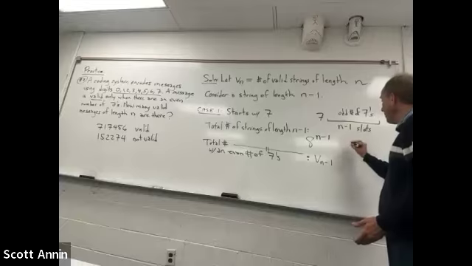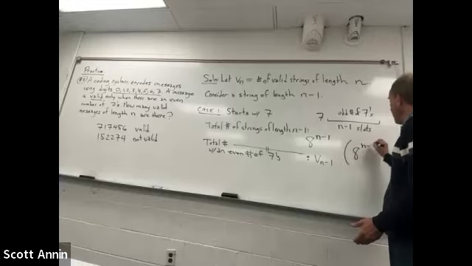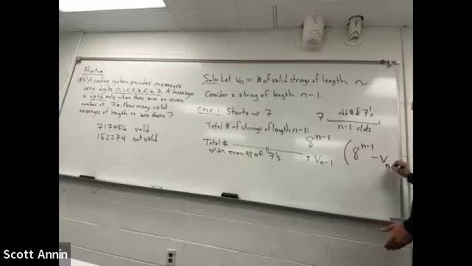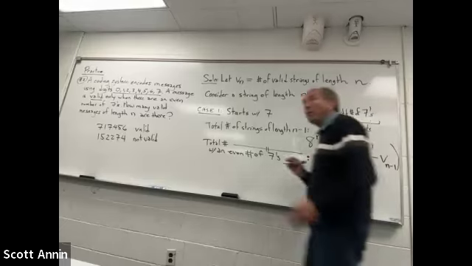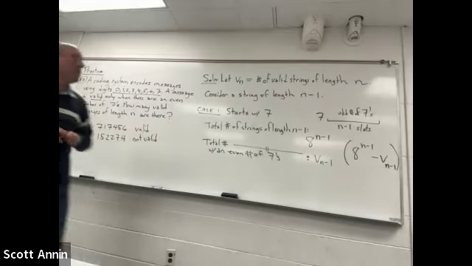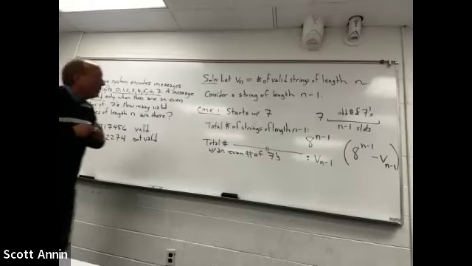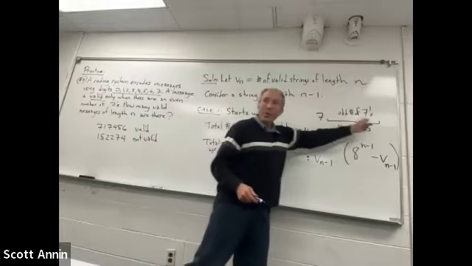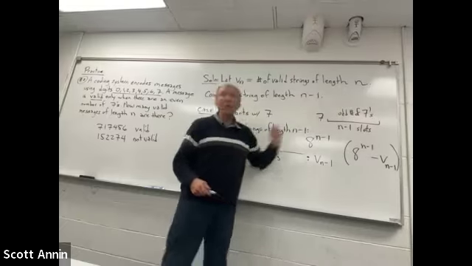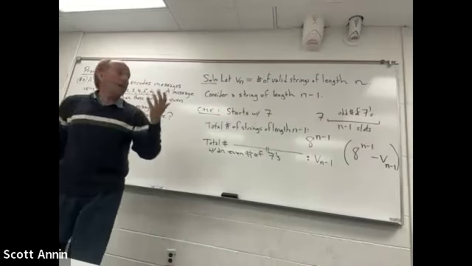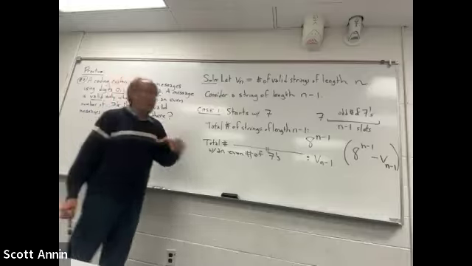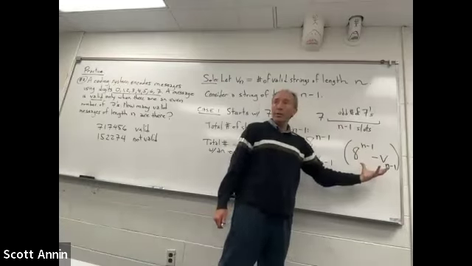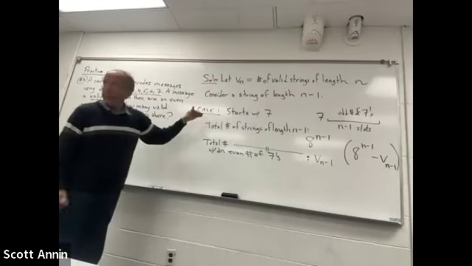And so what I end up with here is 8 to the n-1 minus V sub n-1. Those are the number of strings of length n-1 that have an odd number of sevens in them, and then by putting this 7 in the front, we make it a valid string. So there'll be this many valid strings in case 1.